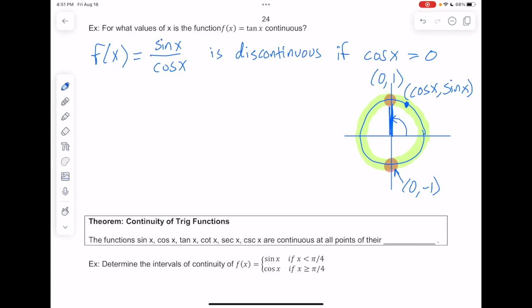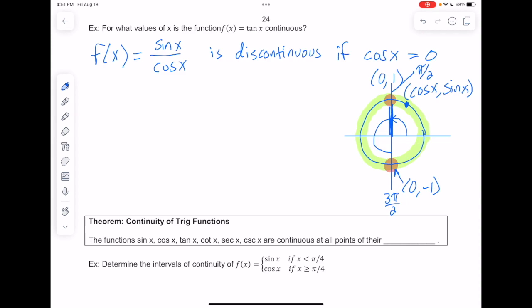Got a lot of writing up here, but let's squeeze it in. And if you kept going, this would be 2 pi over 2, and then on to 3 pi over 2. So it looks like the two places where cosine is going to be 0, and therefore the fraction for tangent would become undefined, are at the angles pi over 2 and 3 pi over 2.